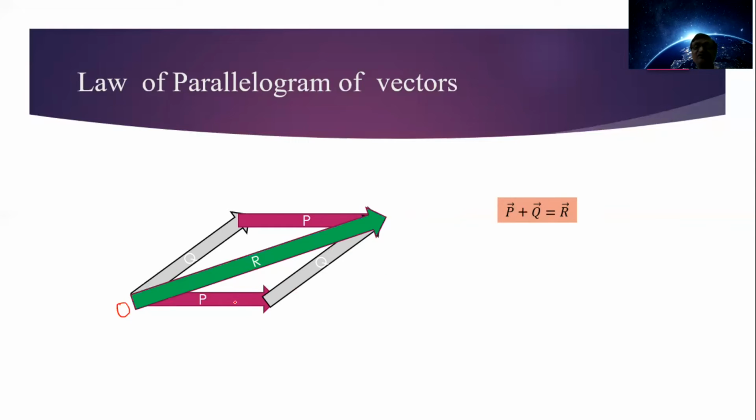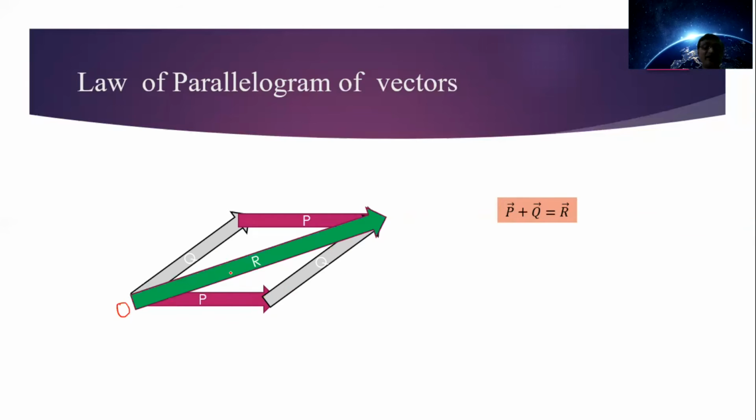If two vectors are of the same type, addition and subtraction can be done for the same type of vectors. We cannot add force to velocity. Force can be added to force. Velocity can be added to velocity.